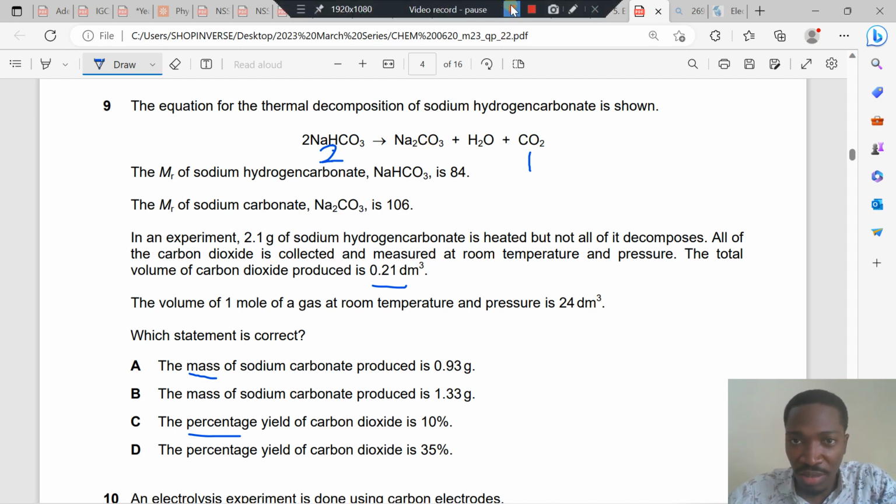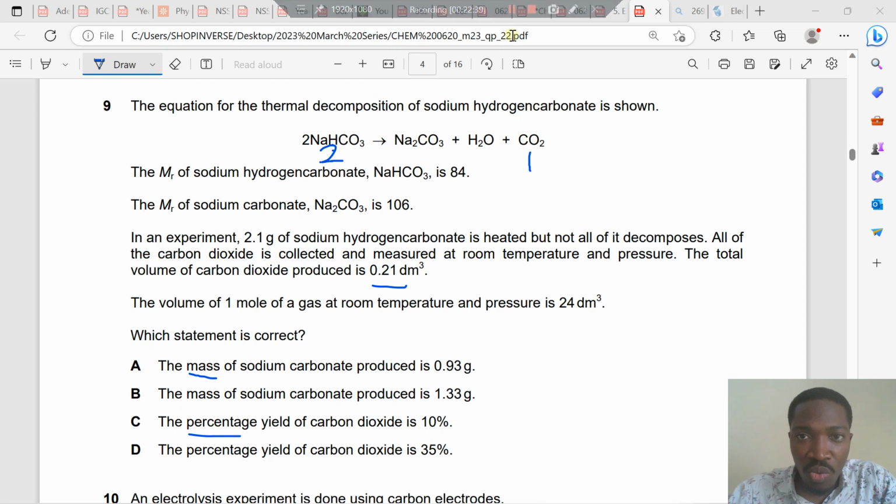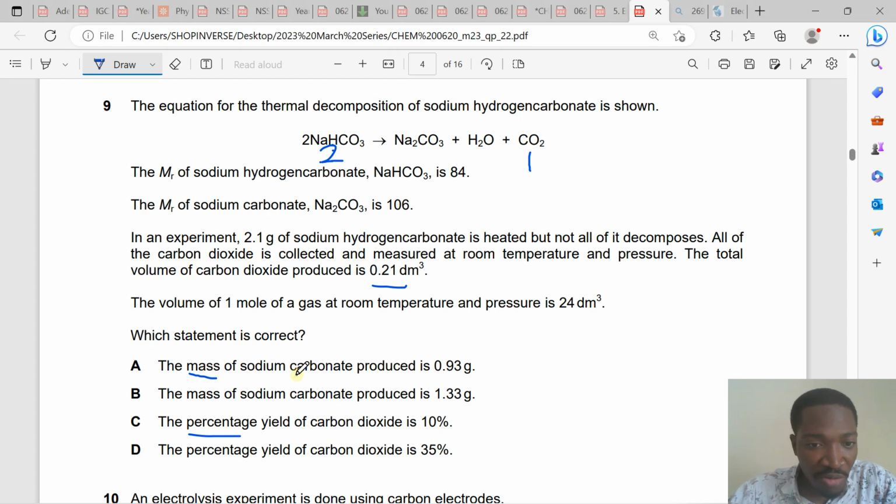What do I mean by that? What I'm actually saying is that if you look at this, we are interested in the mass of sodium carbonate produced or the percentage yield of carbon dioxide. Now, we cannot determine the mass of sodium carbonate produced without knowing the number of moles of sodium carbonate.